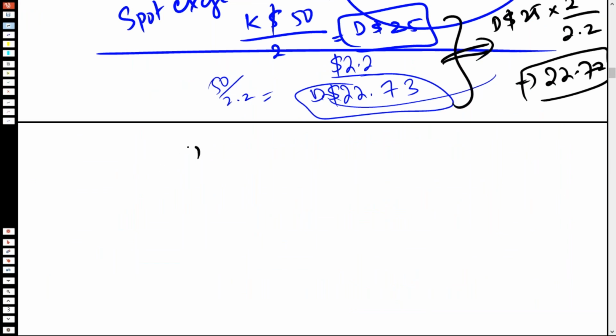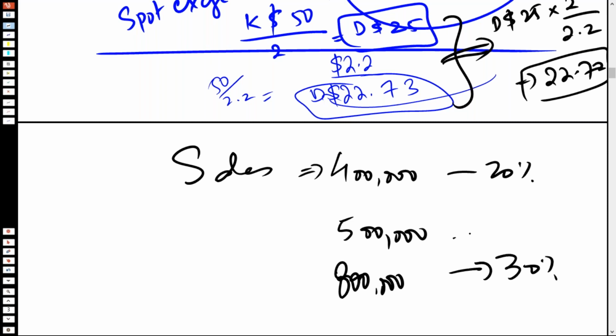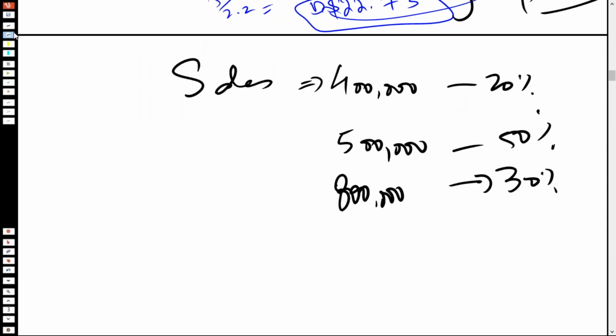Assume that I tell you your sales could be 400,000, your sales could be 500,000, your sales could be 800,000, and I tell you that there is a 20% chance, a 30% chance, and a 50% chance. Now, if I ask you what is going to be your expected sales.